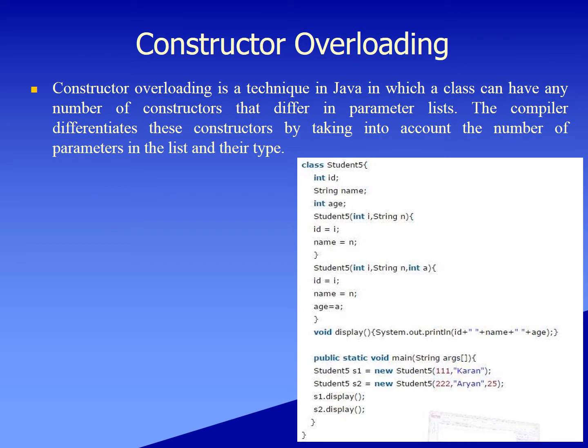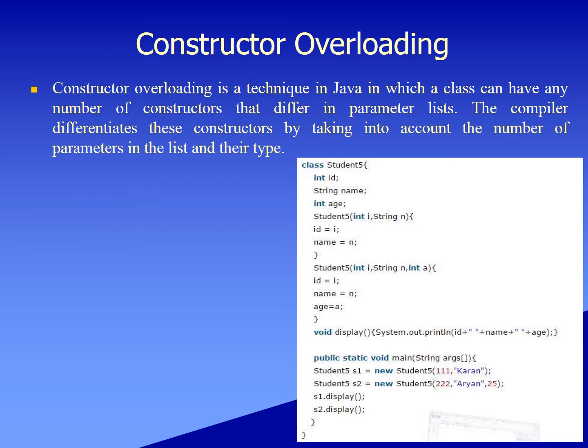Now here is another constructor with the same name, but you can see that the parameters are different: int i, String n, int a. That means three arguments are passed to this Student5, and in the previous one two parameters were passed to Student5. With this differentiation of parameters, we can use different constructors in our class.